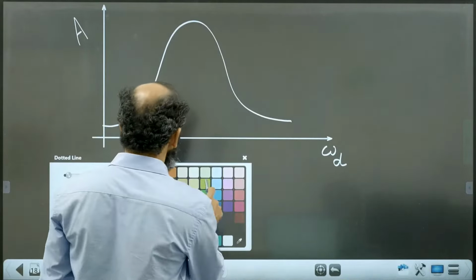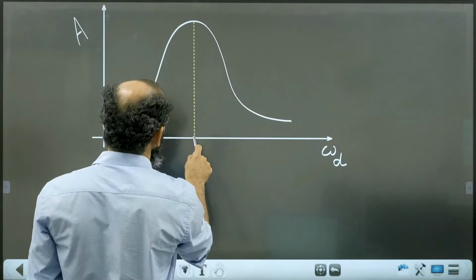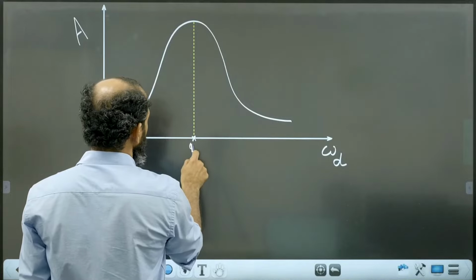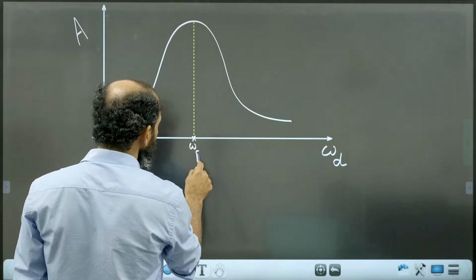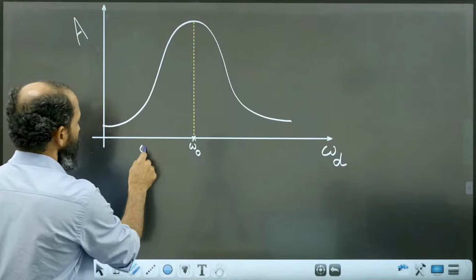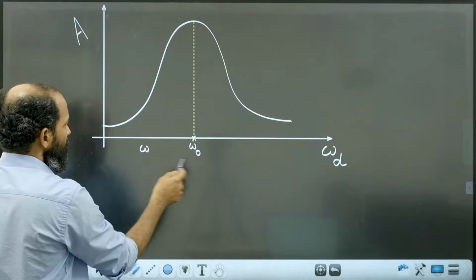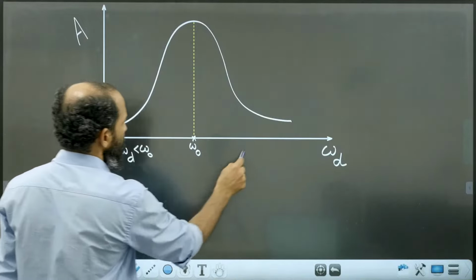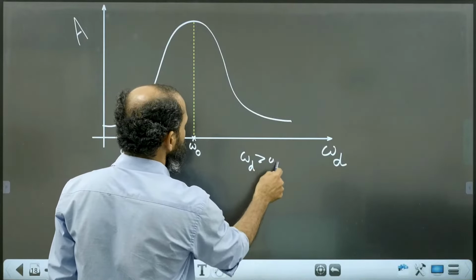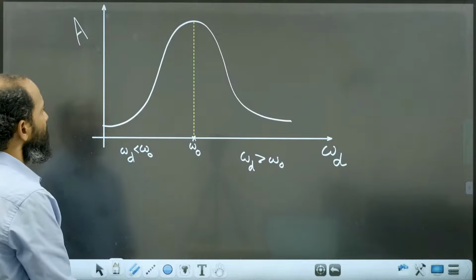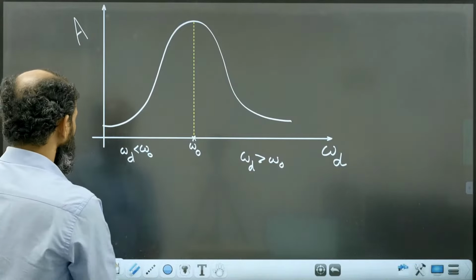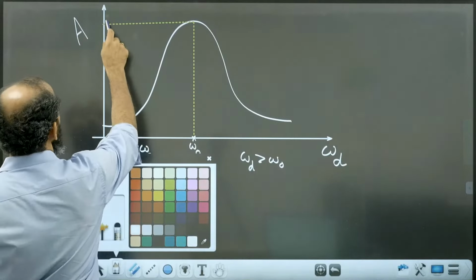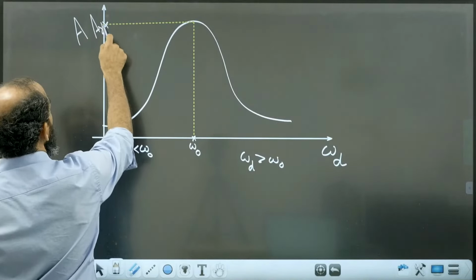There, the amplitude attains its maximum value when omega d is equal to omega 0. When omega d is less than omega 0 or greater than omega 0, in all these cases the amplitude is less. So the system resonates and the resonant amplitude may be written as AR.